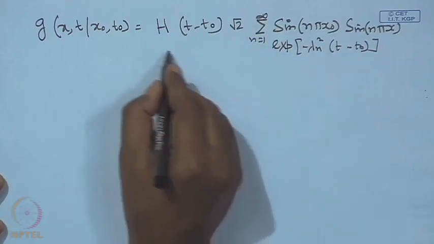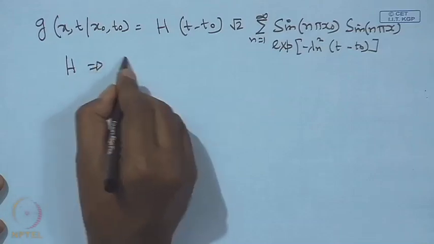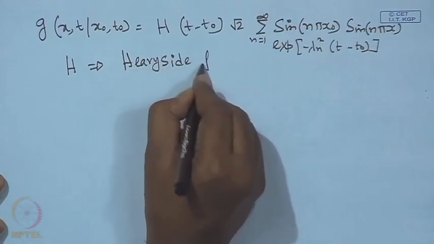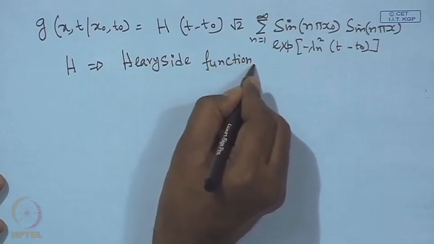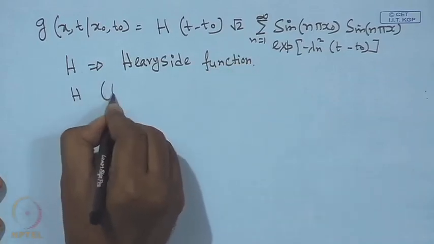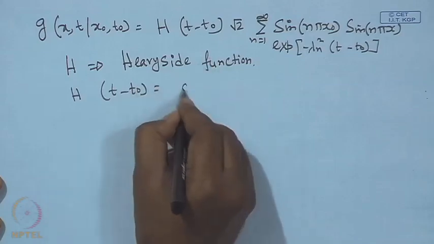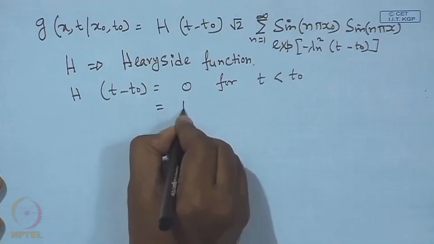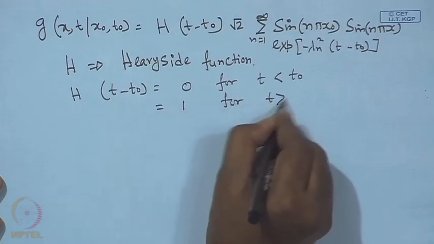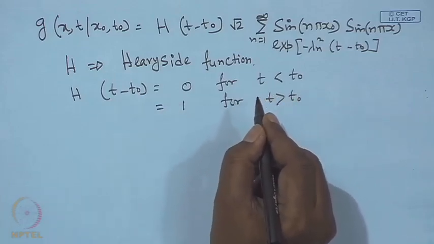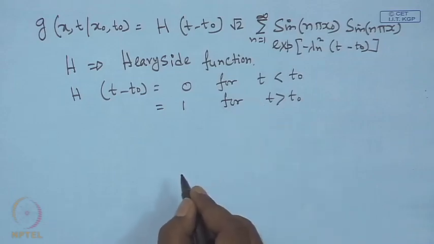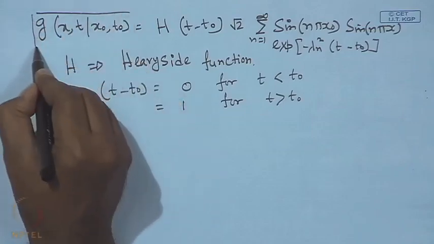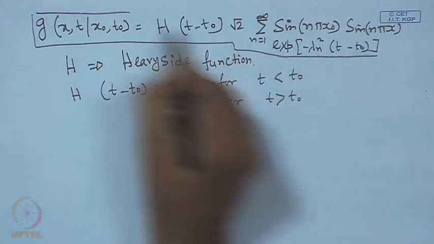Here h is the Heaviside function, and its definition is h t minus t 0 is equal to 0 for t less than t naught, and equal to 1 for t greater than t naught. So, that is the definition of the Heaviside function, and this gives the solution of Green's function.